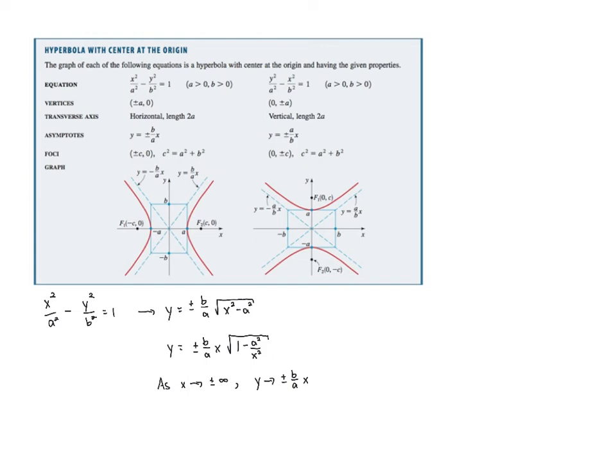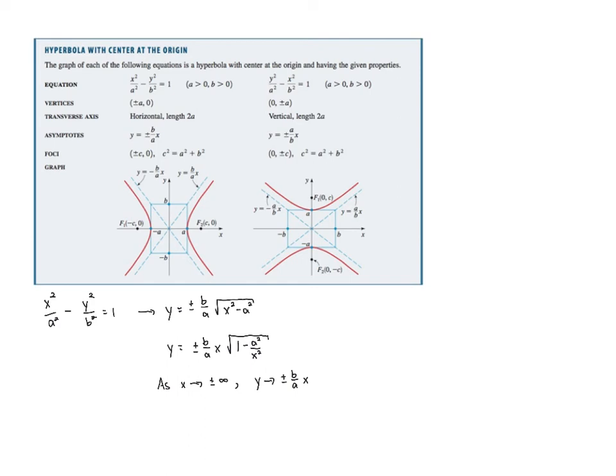And so we know that c is involved with the foci, and we know that a is involved with the vertices. So we have this b out here, and b is particularly useful when we're going to sketch these hyperbolas.